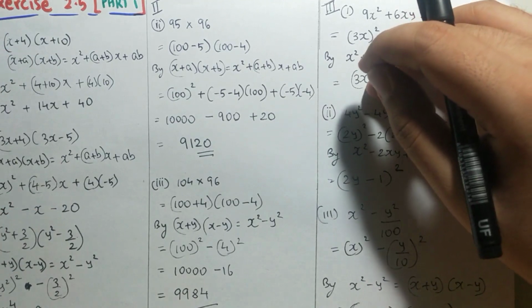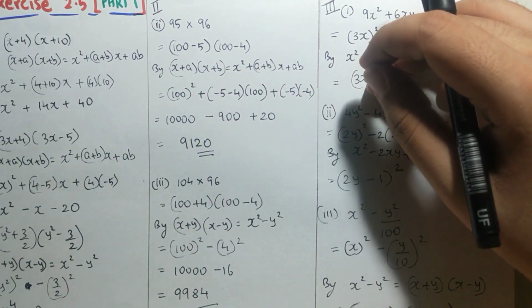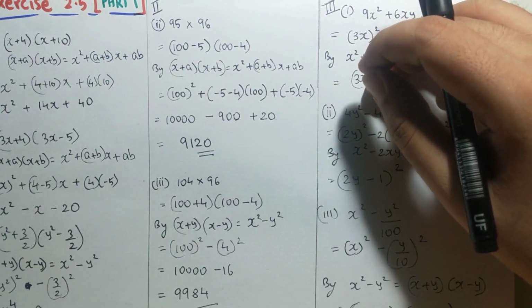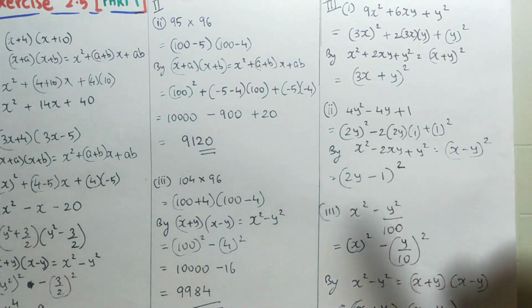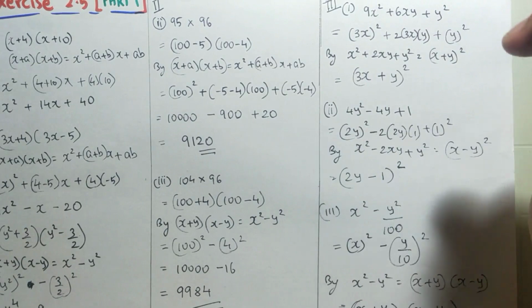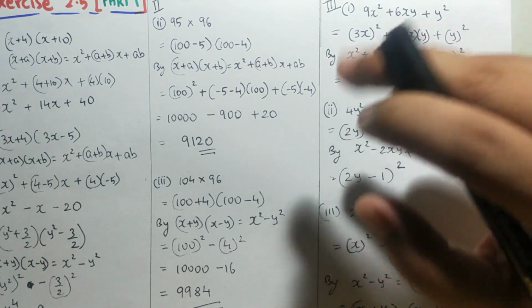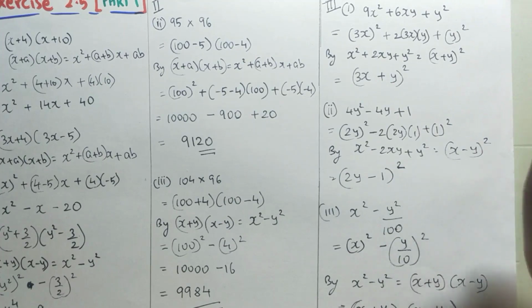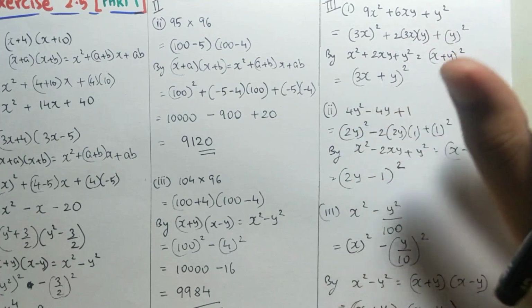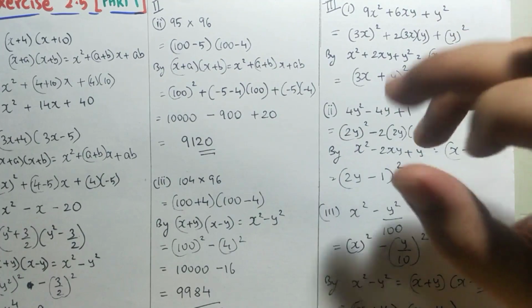That we have learned in our previous exercise 2.4. Don't forget, I'm sharing the link for middle term splitting also, so please go through that link if you're not recalling that. Okay, so we can proceed to the next one.